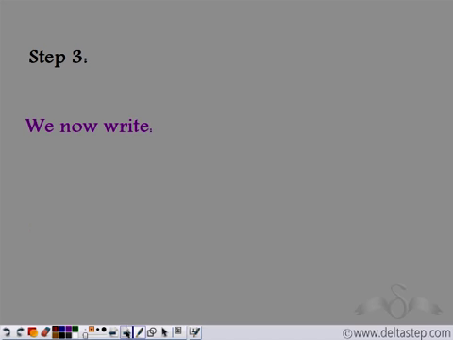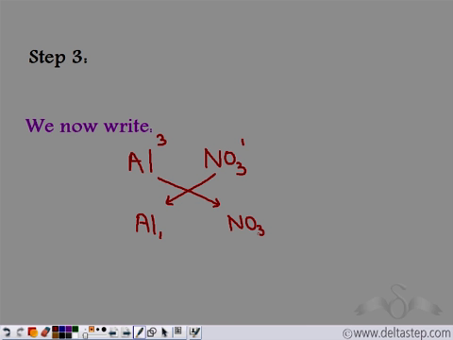So now we interchange the valencies. So what do we get? We had aluminium, we ignored the positive and negative sign, and we have nitrate. So now when we interchange, the superscript here becomes the subscript, and the superscript here becomes the subscript.